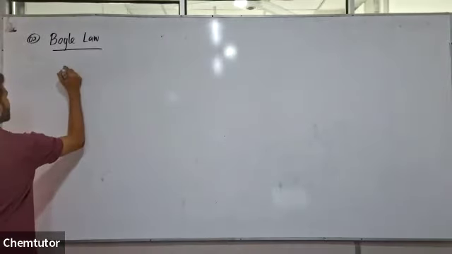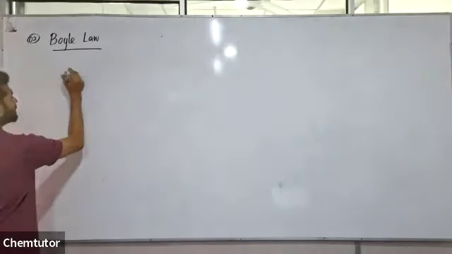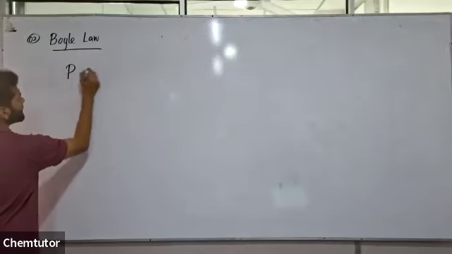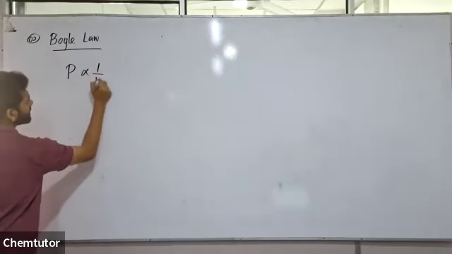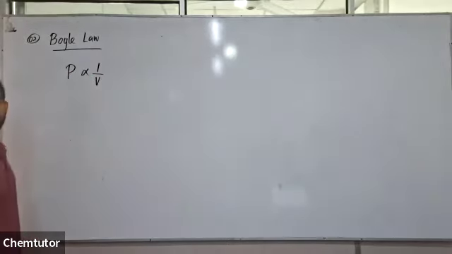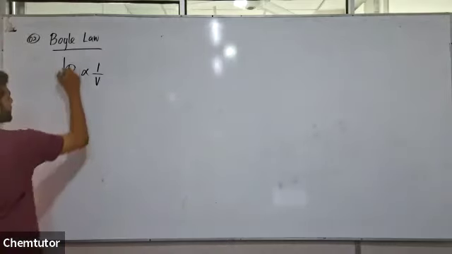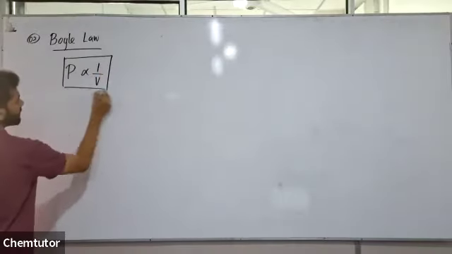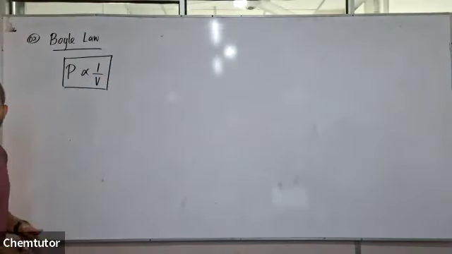So, once the number of moles and the temperature are constant, pressure is inversely proportional to the volume. P is inversely proportional to volume. So this is the relationship that was proposed by Boyle.